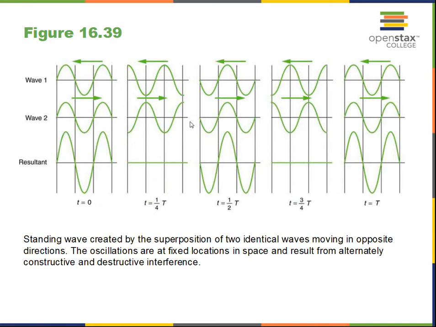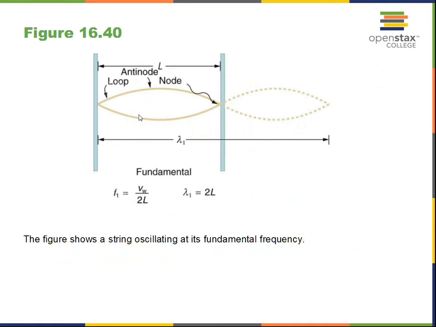With the sound in an air column, this will produce a loud sound if we have a standing wave in our situation. So here's a drawing of what's occurring here. We have a wave, one traveling to the left, one traveling to the right, and we can get these nodes and antinodes where we have destructive interference at the node, constructive interference at the antinode.